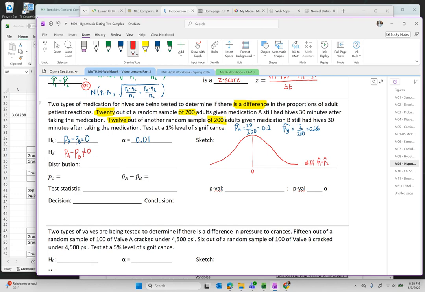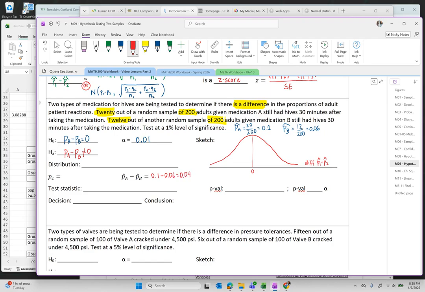And we calculated ourselves PA hat and PB hat, so we can actually calculate the difference here. 0.1 minus 0.06, this is 0.04.